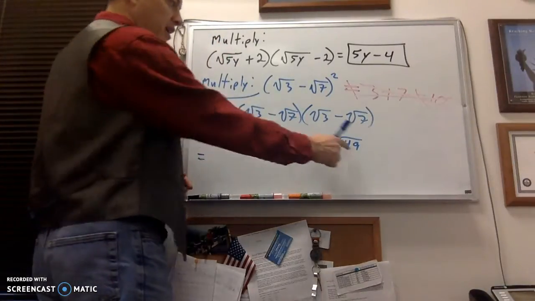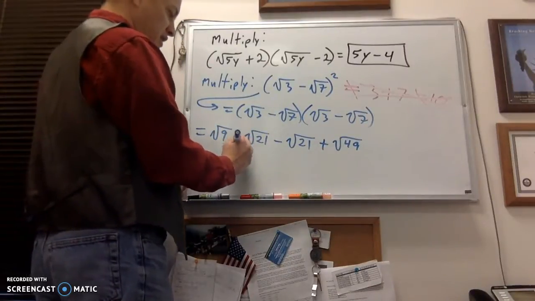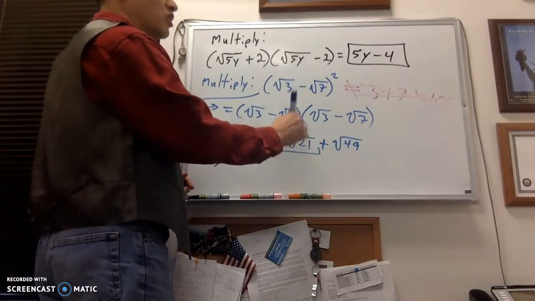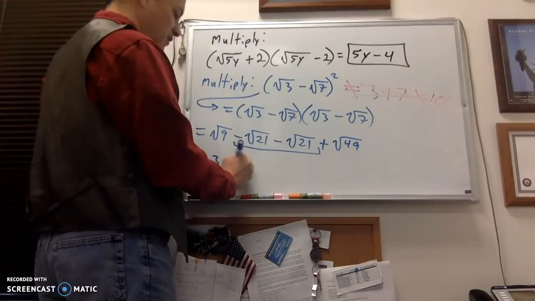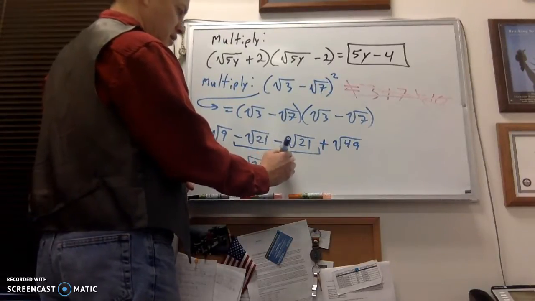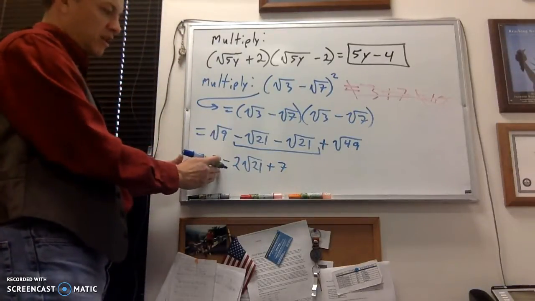Now the square root of 9 and the square root of 49, those are both perfect squares. And then these guys in the middle, negative root 21 minus root 21, is a negative 2 root 21. So really what we're looking at is the square root of 9 is now 3.